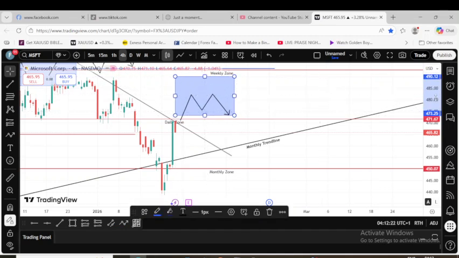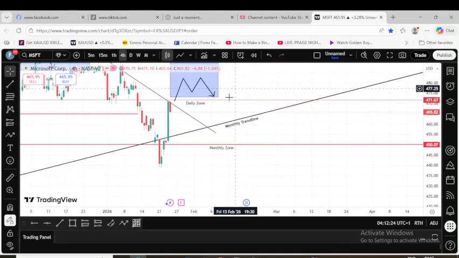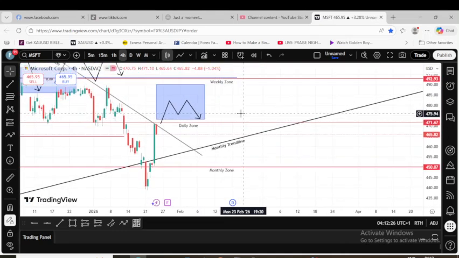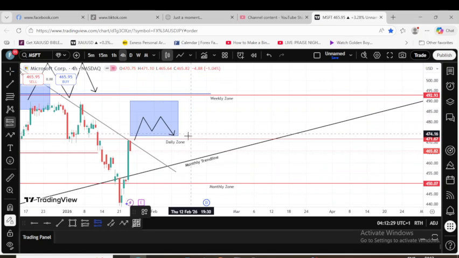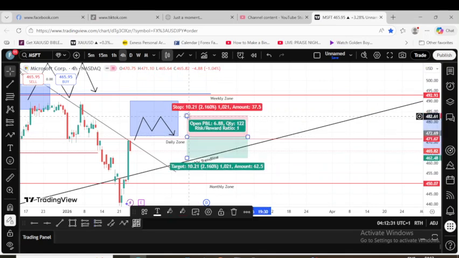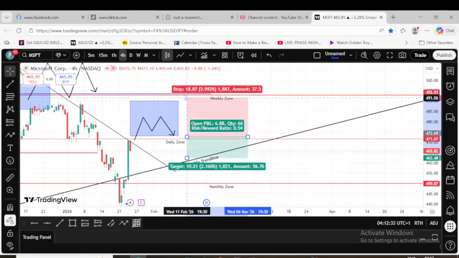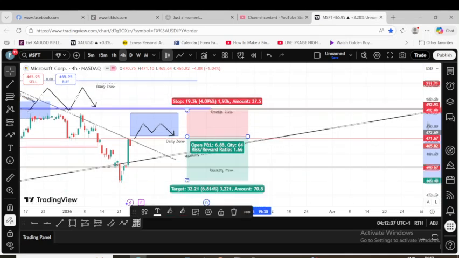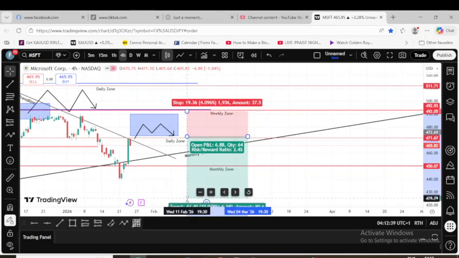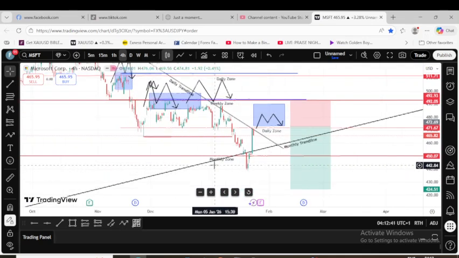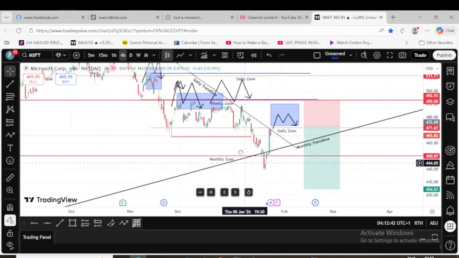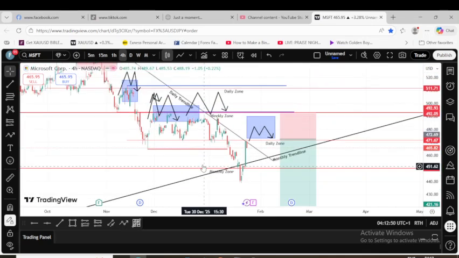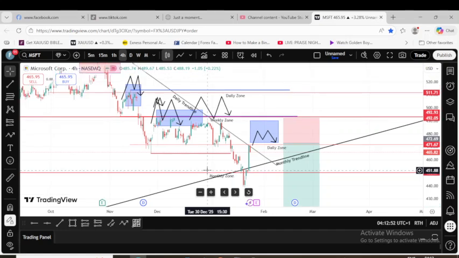Then we'll be looking to go short on Microsoft stocks, somewhere around here, to somewhere like here. So this is top to bottom analysis on Microsoft Corporation stocks.